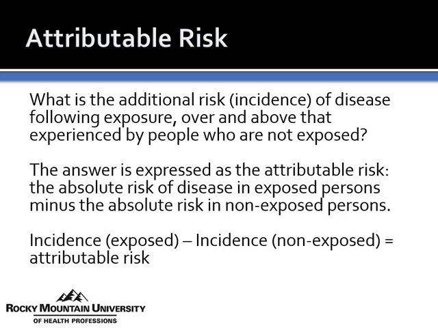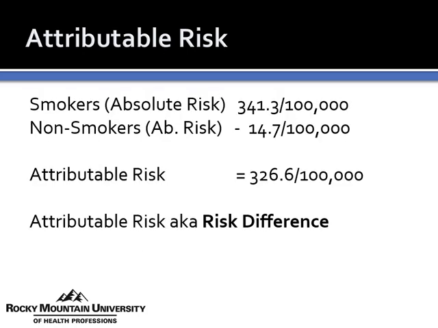The answer is expressed as the attributable risk, the absolute risk of the disease in the exposed persons minus the absolute risk in the non-exposed. So if we look at the smoking example again, basically it's doing some subtraction. The attributable risk is 326.6 per 100,000 years. The attributable risk is known as the risk difference.